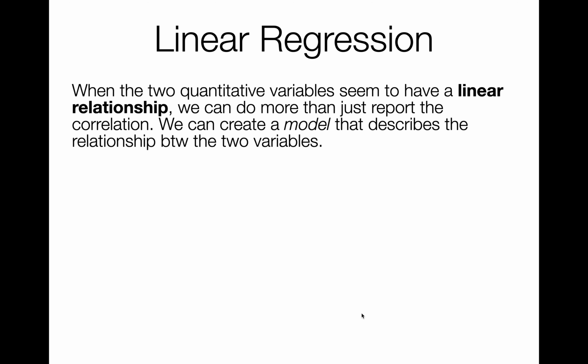So we can do more than say that there is a linear relationship, it's strong, it has a correlation of 0.7. That does tell us something about the association, but it would be better if we could actually model that relationship. And what I mean by model is that we're going to create a line of best fit.